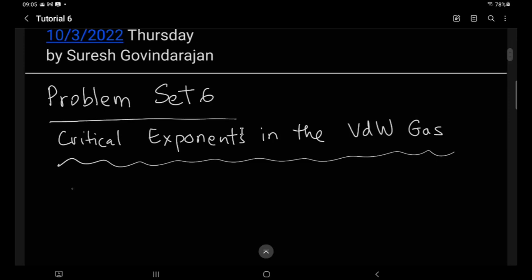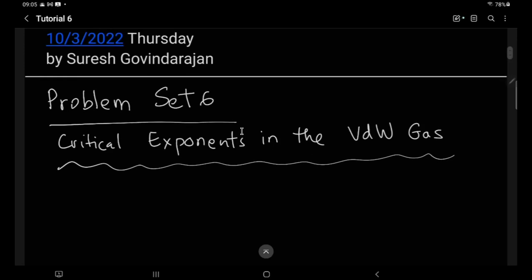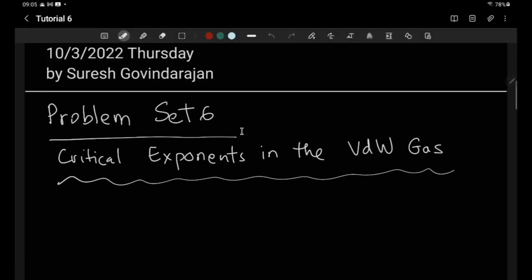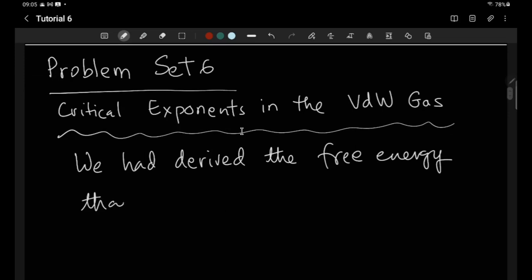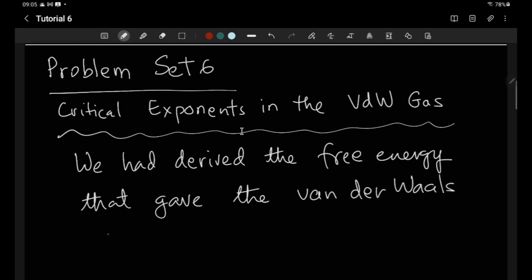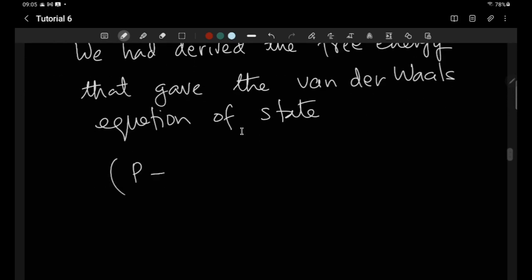So we had actually worked out, we had derived the free energy that gave the van der Waals equation of state, which had the following form.